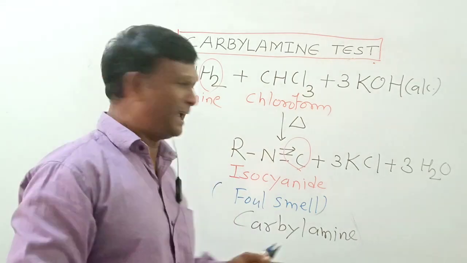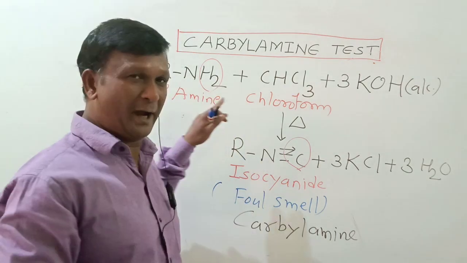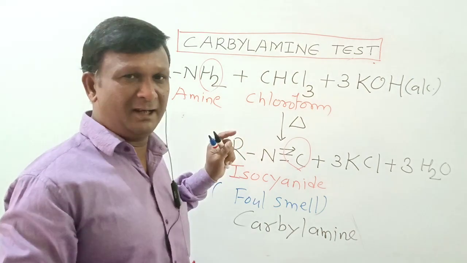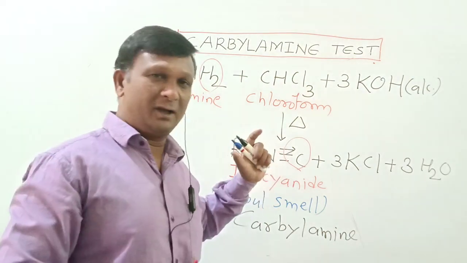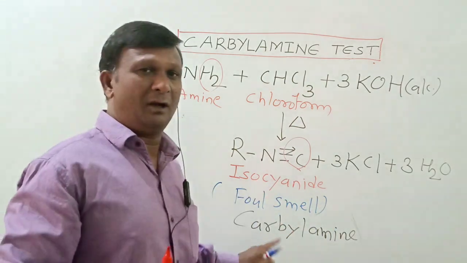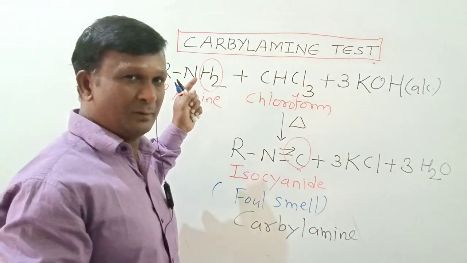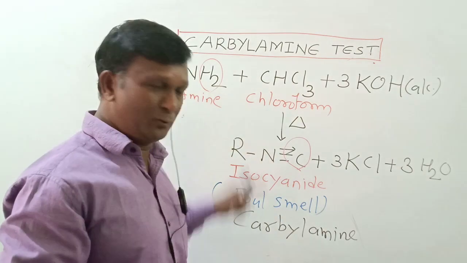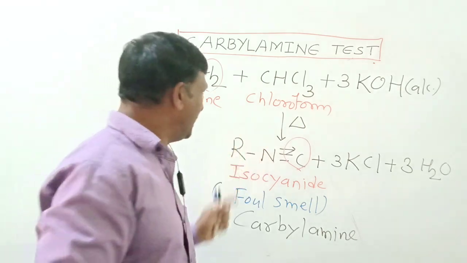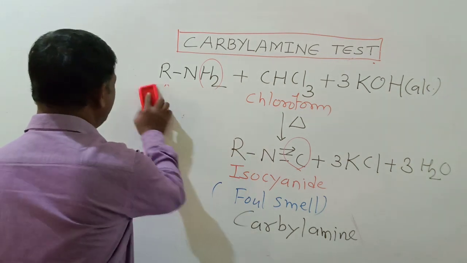You may simply say that the carbon substituted these 2 hydrogens. That means the carbon is present over here as an alkyl substituent. So it is carbon, so we suffix it with YL, so it will become carbyl, right? And this carbyl is obtained from the amine, so it is called carbylamine. Easy, isn't it?